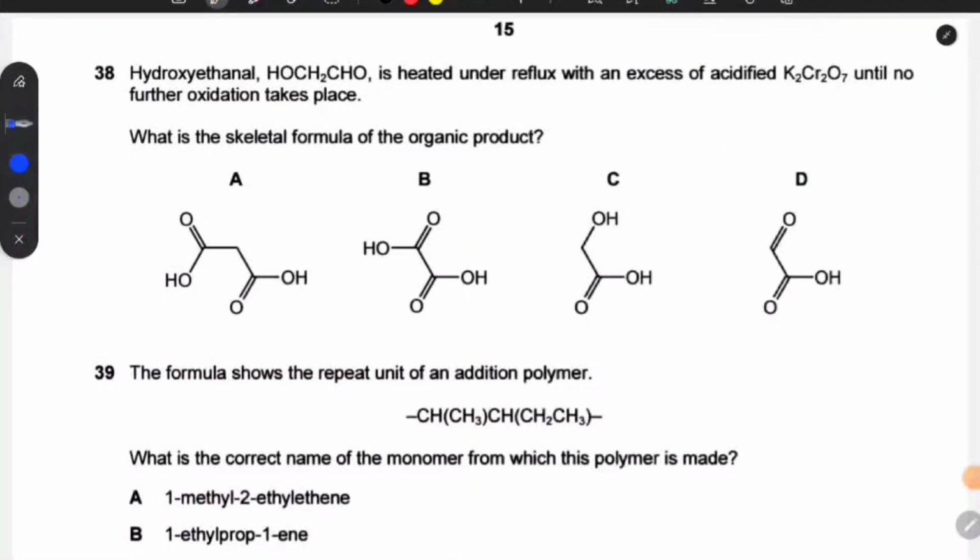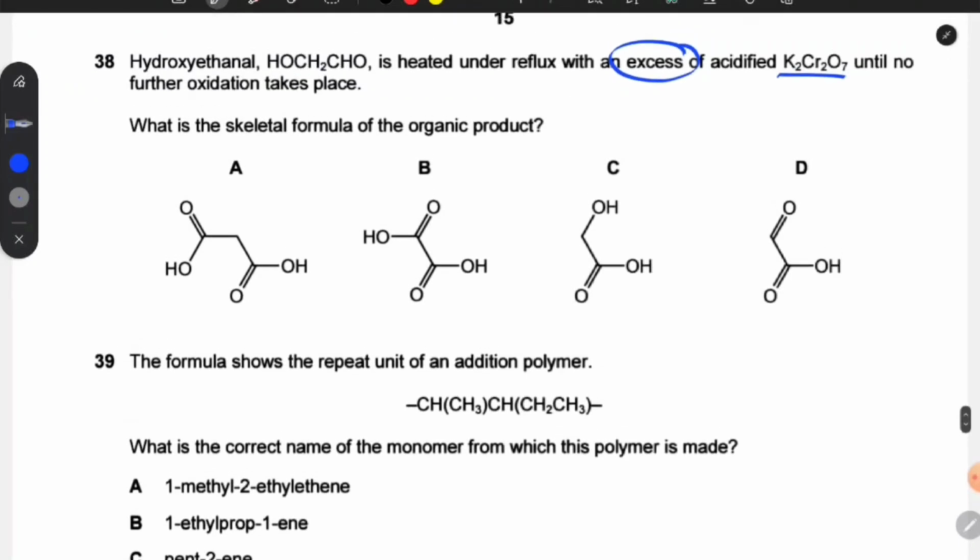Question number 38. Hydroxyethanol is heated under reflux with an excess of acidified potassium dichromate, which is a strong oxidizing agent, until no further oxidation takes place. So you will have an excess and very strong oxidizing agent. What is the skeletal formula of the organic product? So this is our reactant, hydroxyethanol, hydroxy and ethanol.